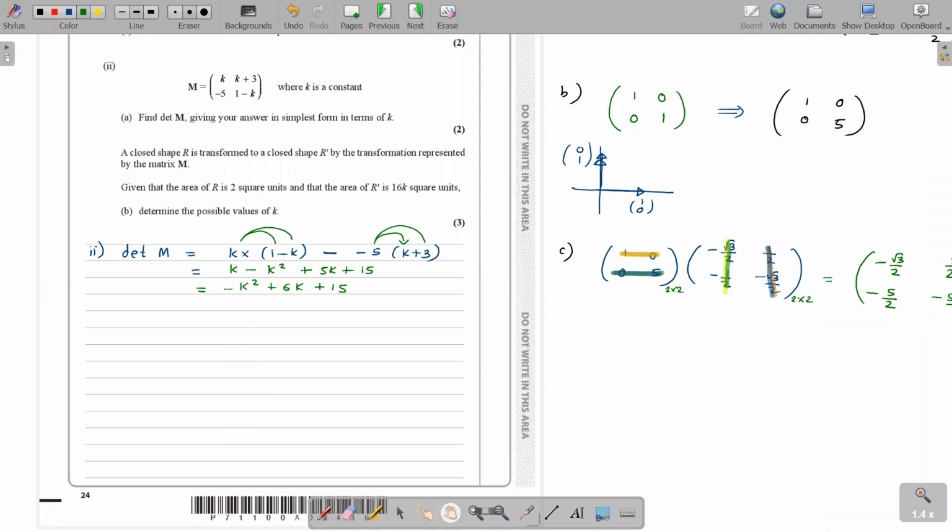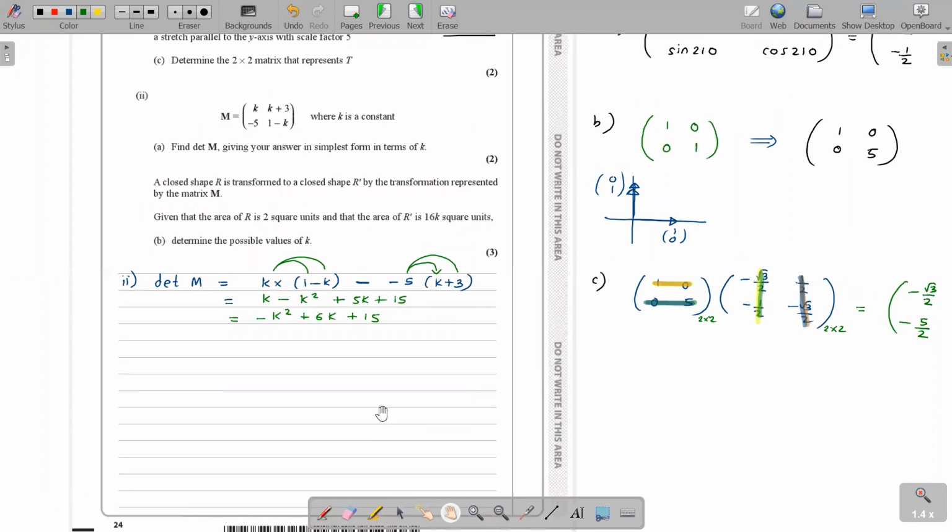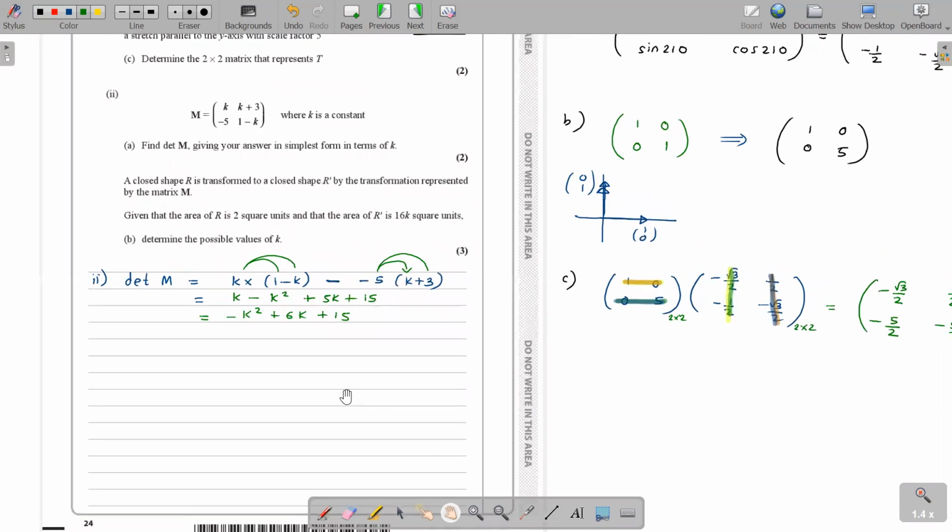Okay, so when we move to the next part, a closed shape R is transformed to a closed shape R dash by the transformation represented by the matrix M. Given that the area of R, now in here the object image story comes into play, right? So we have an equation relating the area of the object and area of image. Do you remember?